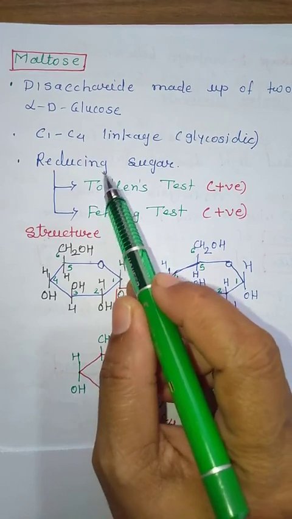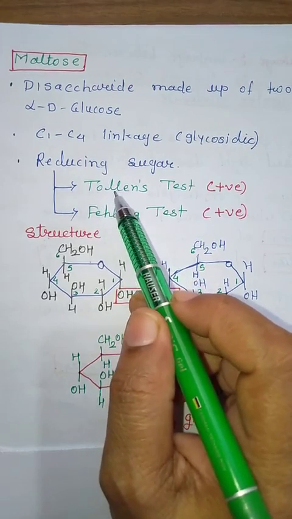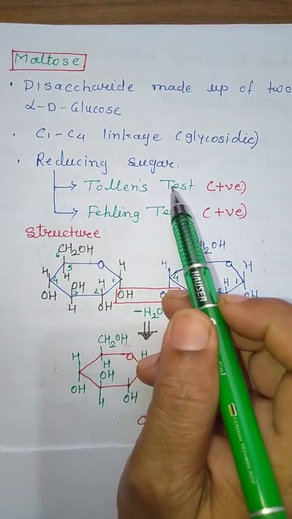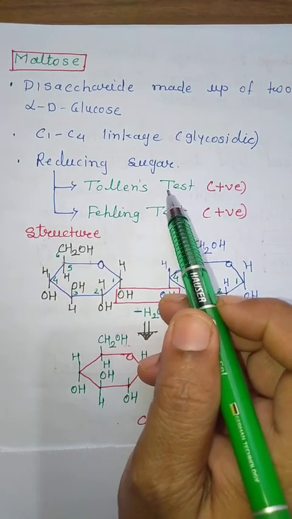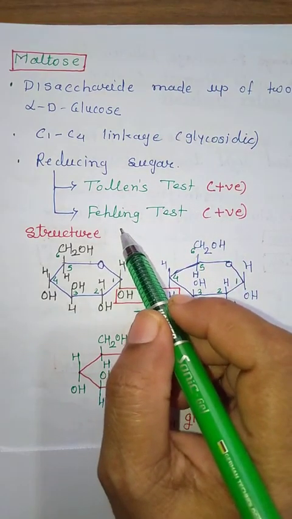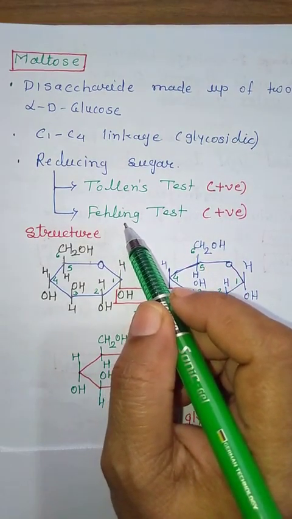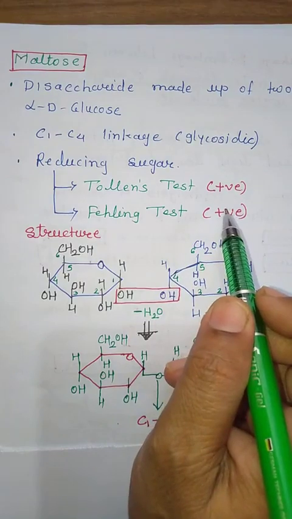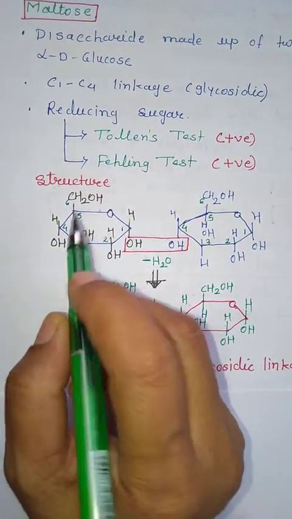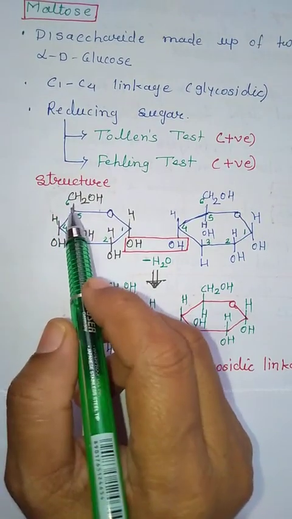When the reducing sugar is treated with Tollens reagent, we get shiny silver at the wall of the test tube. That is called the positive Tollens test. If we add Fehling's solution A and B, we get a red precipitate, which is called the positive Fehling's test.